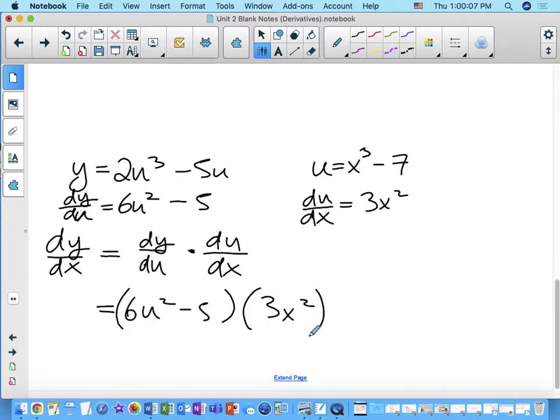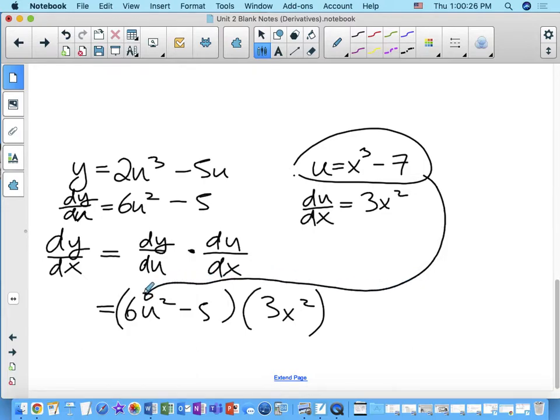But we don't want u in there. We only want x's in there. So we can now do the substitution at this point rather than substituting in that x cubed minus 7 at the beginning. So we can now take this and sub in there, and get the same thing.